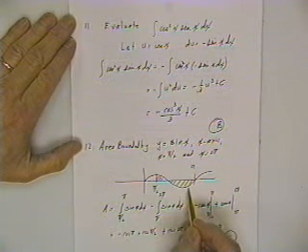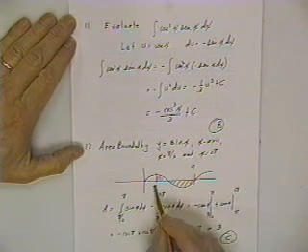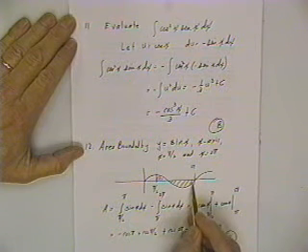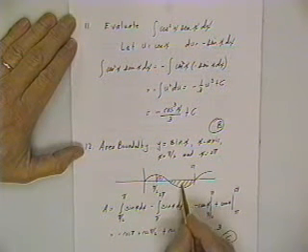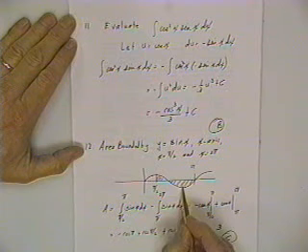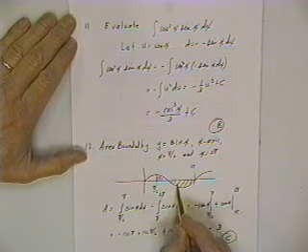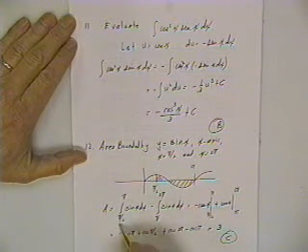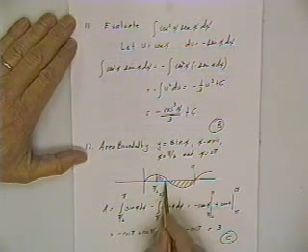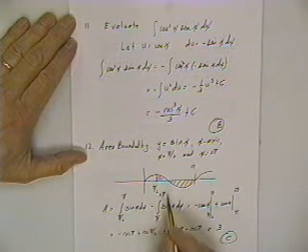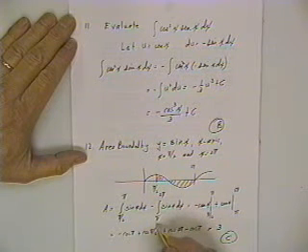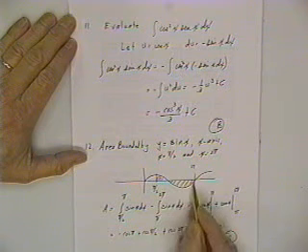If I were to take the standard integral from pi by 2 to 2 pi of the sine of x dx, I would get left over just this little part in here, because this area would cancel the one over here. So I have to do a sign change. I integrate from pi by 2 to pi, that's that part, and then I take the negative of the integral from pi to 2 pi.